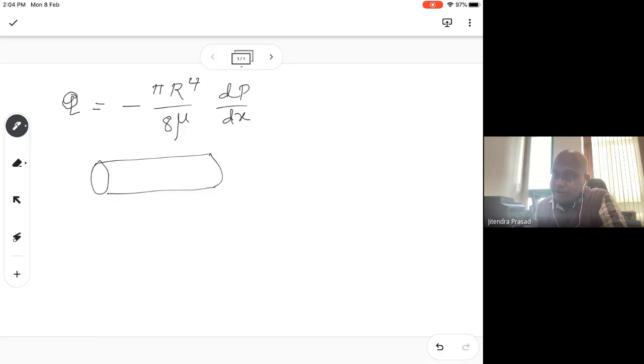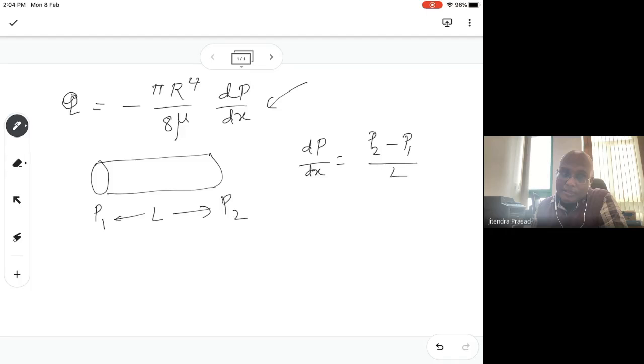We assume this is P1, this is P2, and the length is L. Of course, there is no L given here, but you can calculate the gradient. dP over dx is nothing but P2 minus P1 divided by L. Whatever the pressure is here, minus this one, divided by L gives you this gradient.